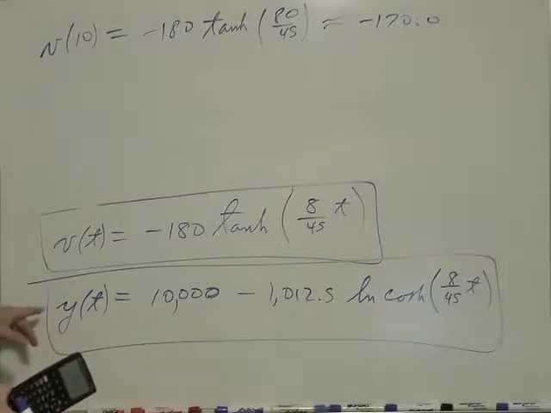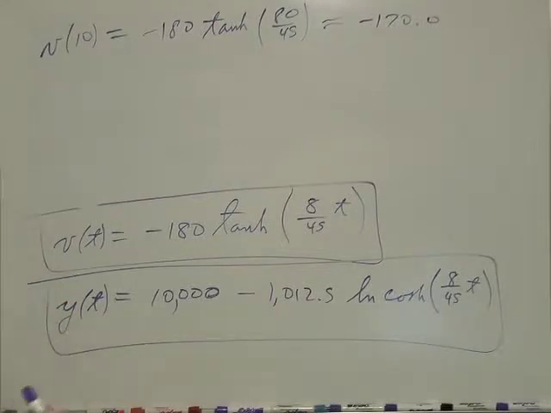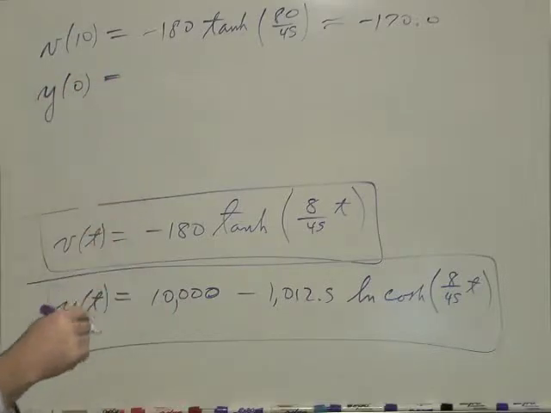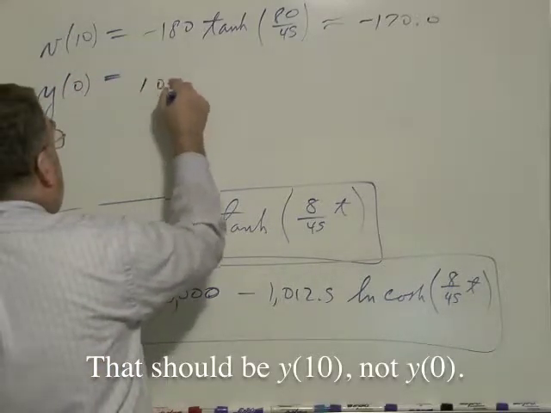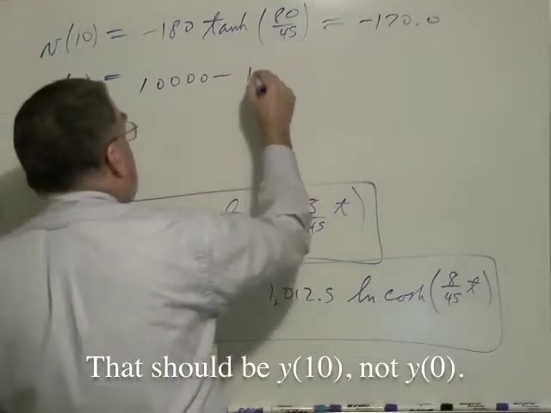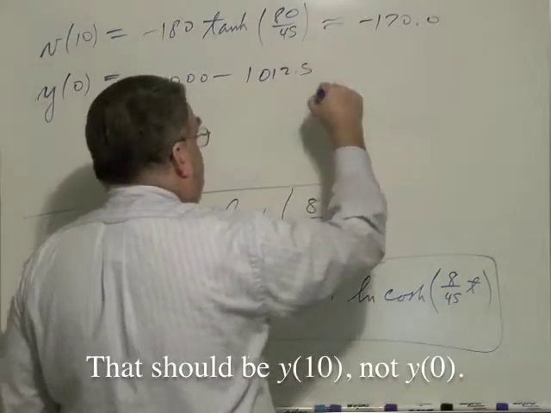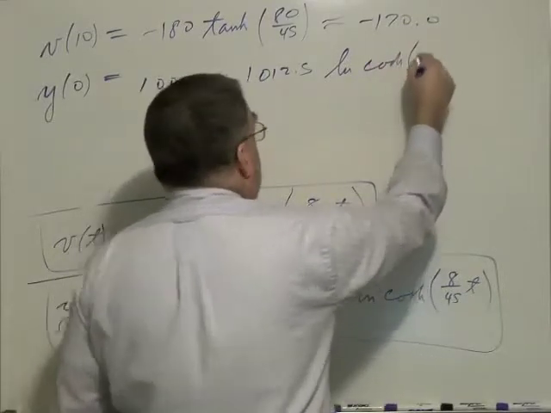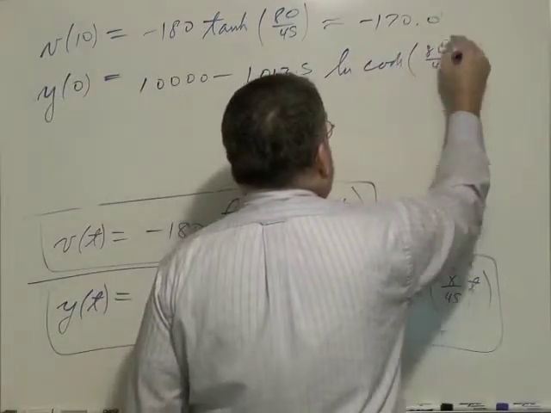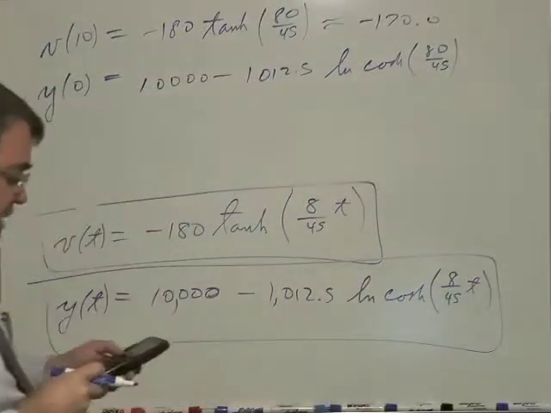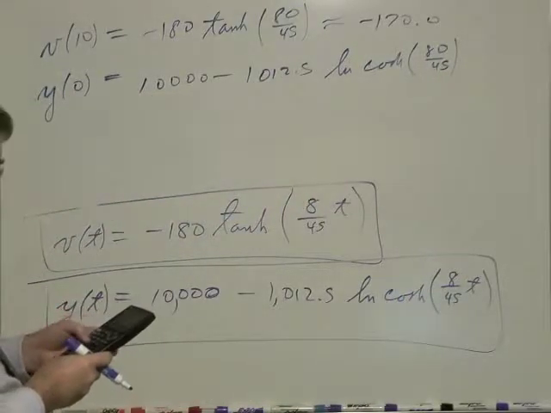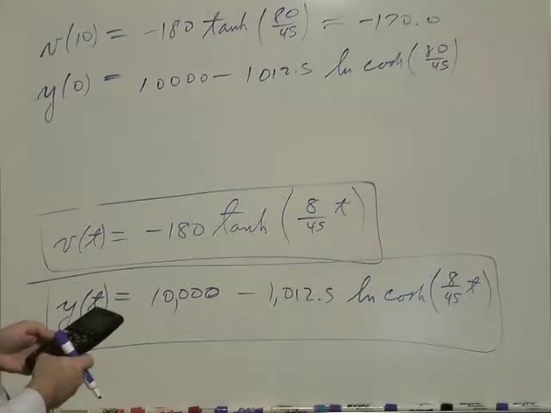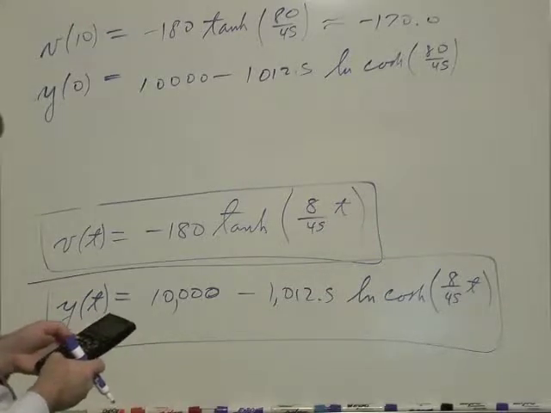Okay, now let's find out where we are. What's our altitude? So y at 10 would be 10,000 minus 1012.5 natural log cosh of 80/45ths. Alright, so I'm going to do, first of all, the cosh parentheses, 80 divided by 45. I get about 3.04.